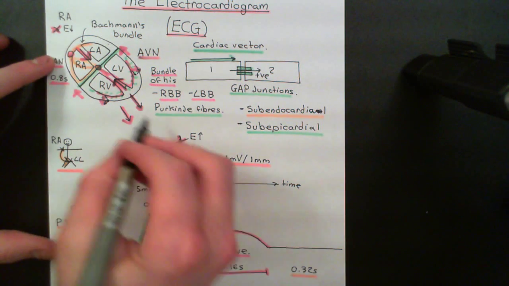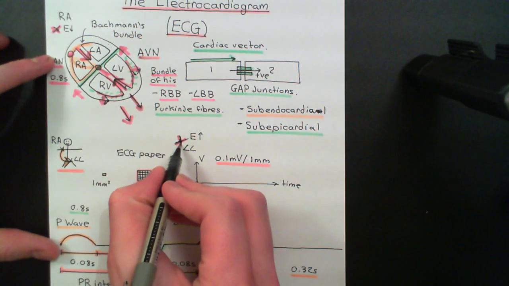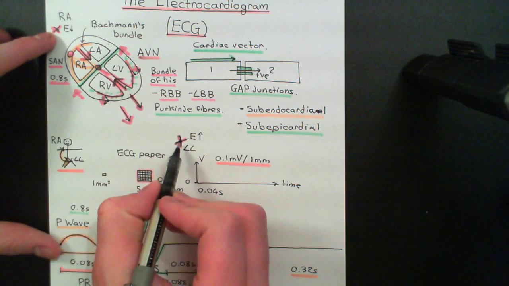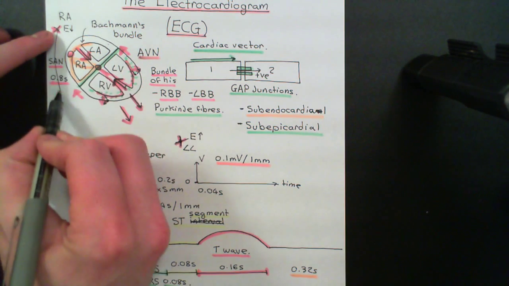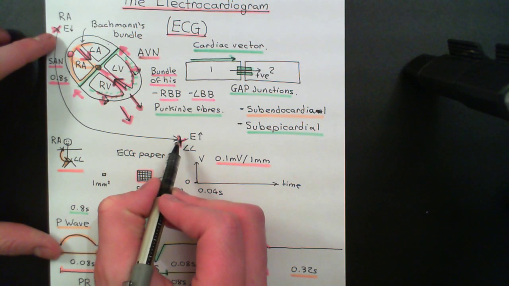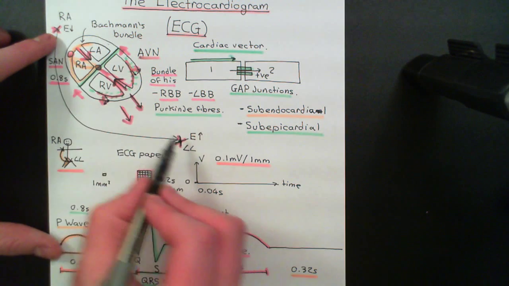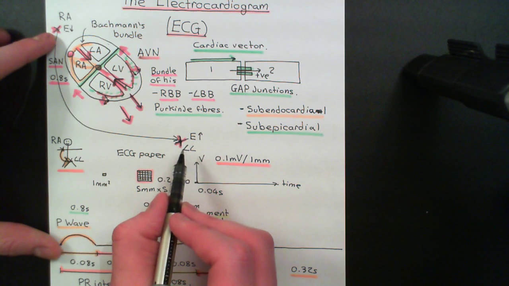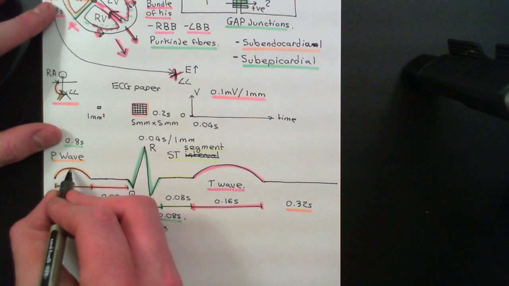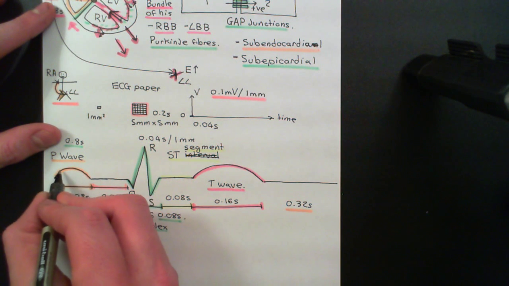So if we now ask about what is the electrical potential difference from here to here, well, if this one's going down and this one's going up, the amount that you would have to step up when you moved from here to here is going to become positive. Previously they had the same electrical potential, now this one's gone down, this one's gone up, so now we're going to have a positive electrical potential difference between them. That's why you initially get this going up here. Now that explains why it goes up.